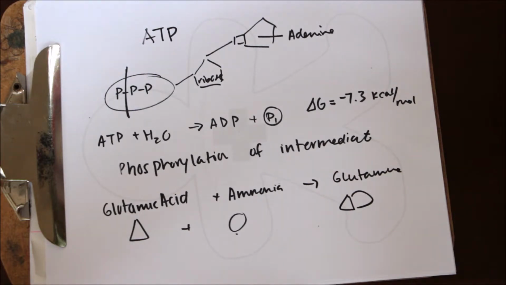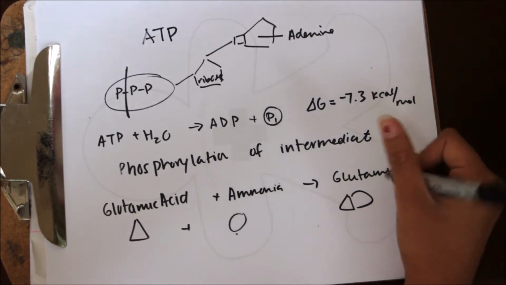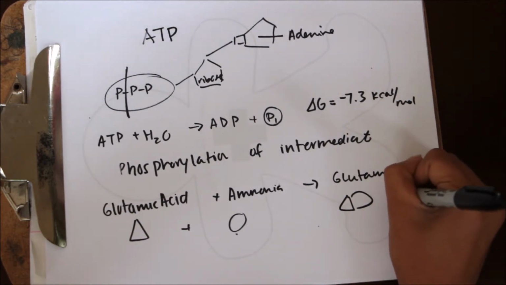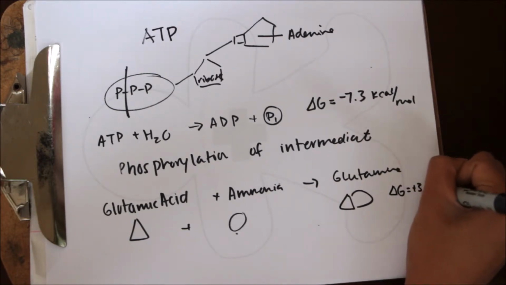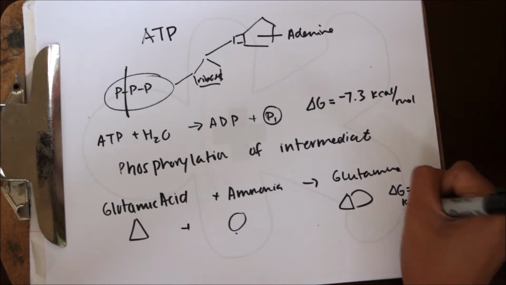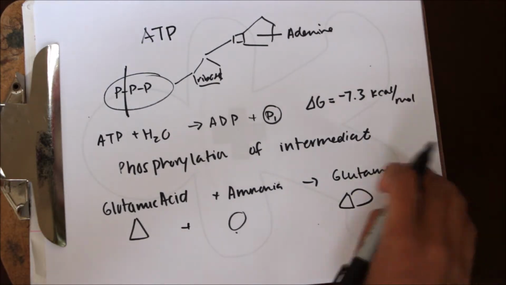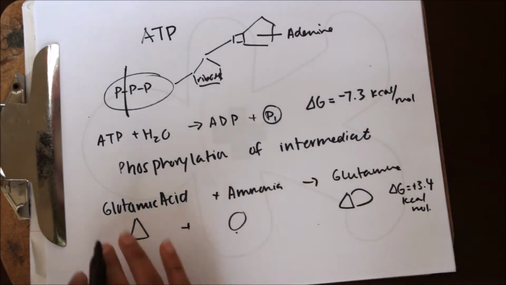The only problem with this is that it's an endergonic reaction. You have delta G equal to positive 7.3 kilocalories per mole, so you need this much energy to be able to fuel this reaction.